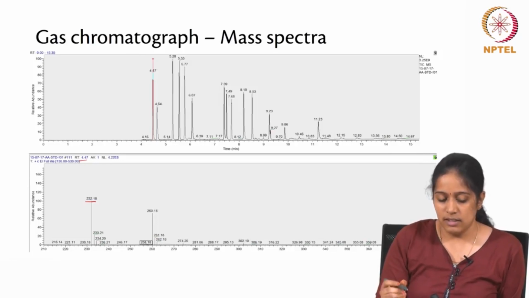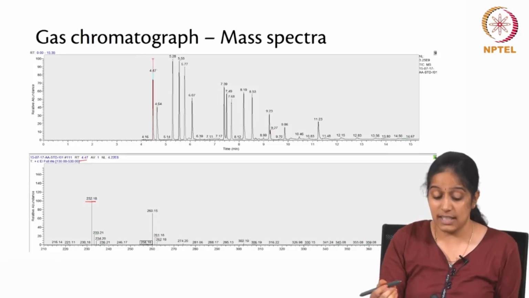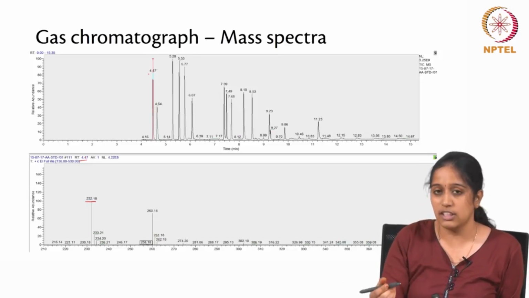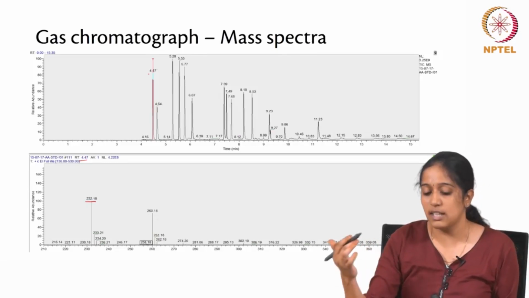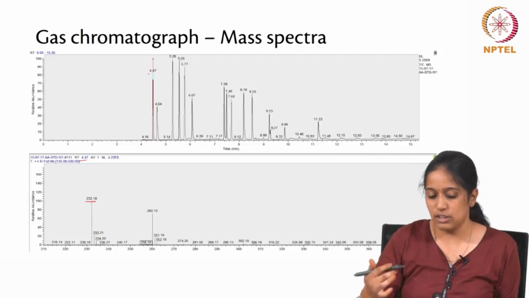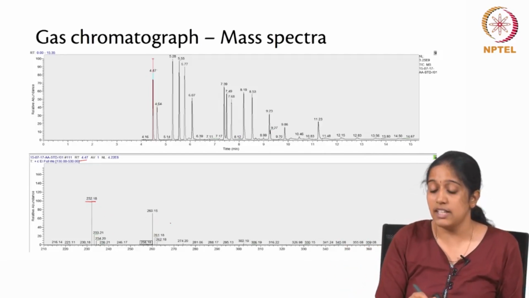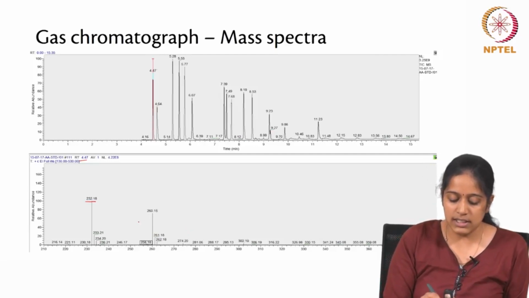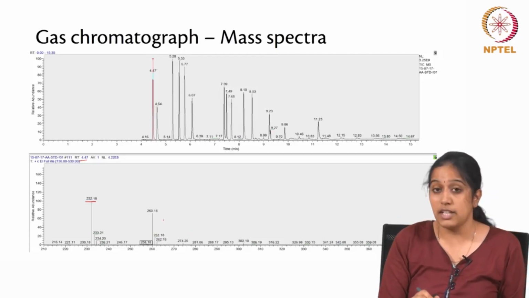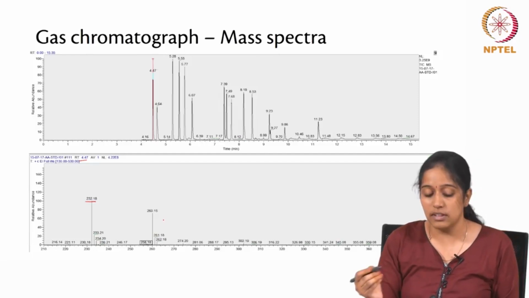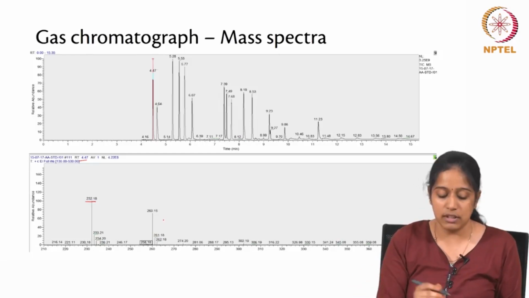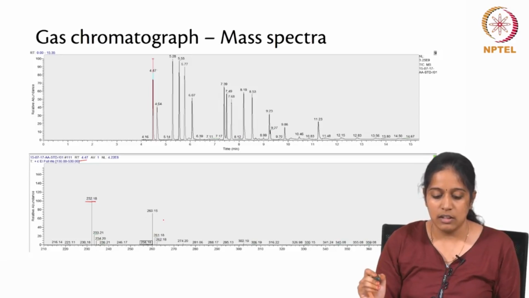It has been seen using different standards and methods that 4.47 corresponds to alanine when you analyze amino acids in gas chromatography. These are a few of the derivatized forms, and the molecular masses here represent the derivatized weights of different amino acids, and here in particular it is alanine.